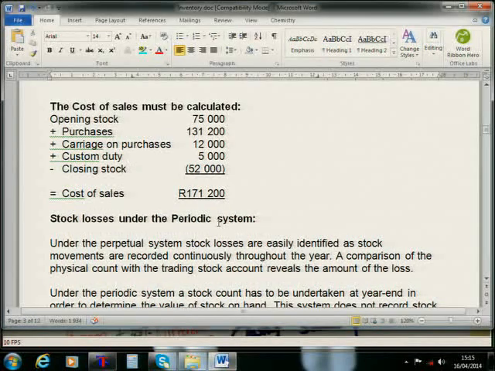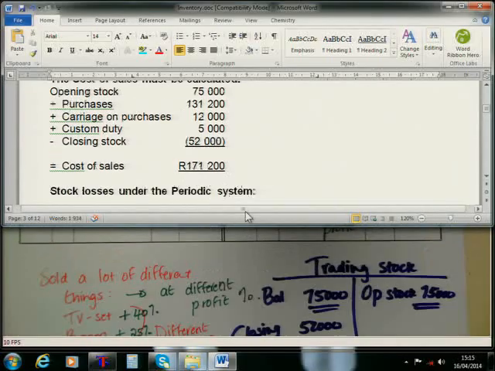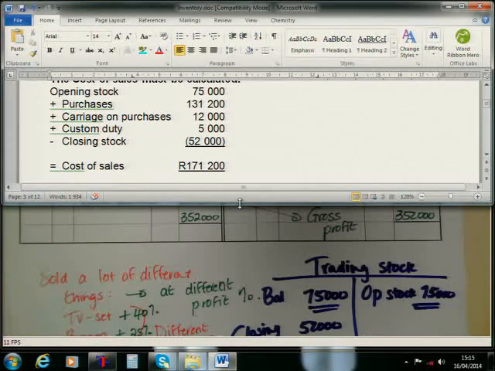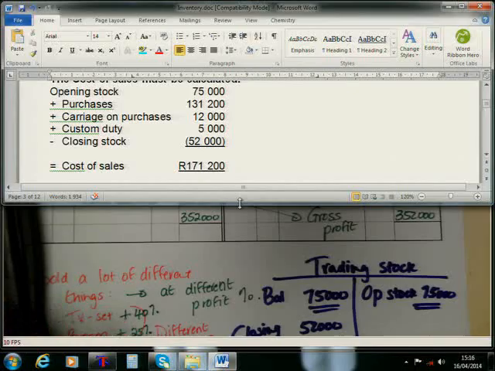Okay, I just want to quickly show you this. There we calculate the cost of sales. The one that I just showed you, let me quickly do that. It's the opening stock of 75,000. Do it with me with your calculator.